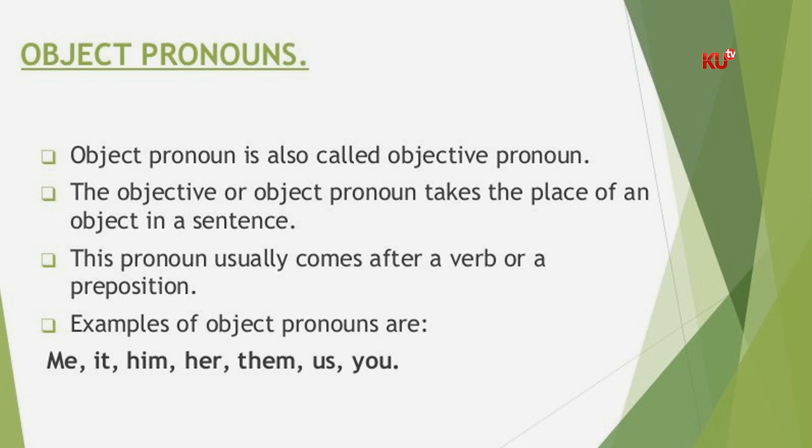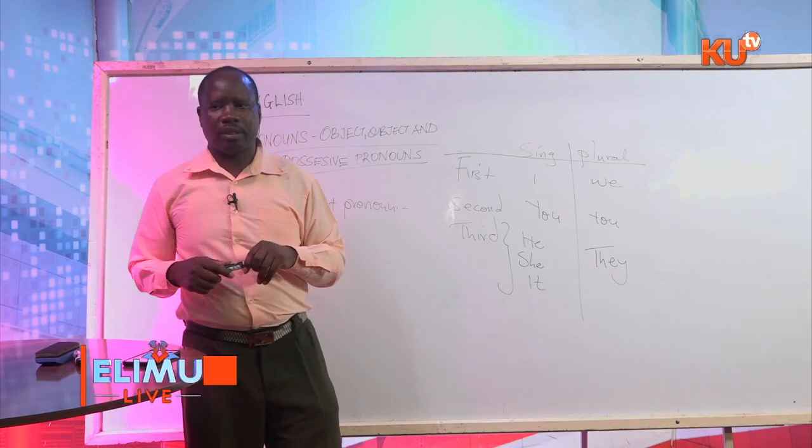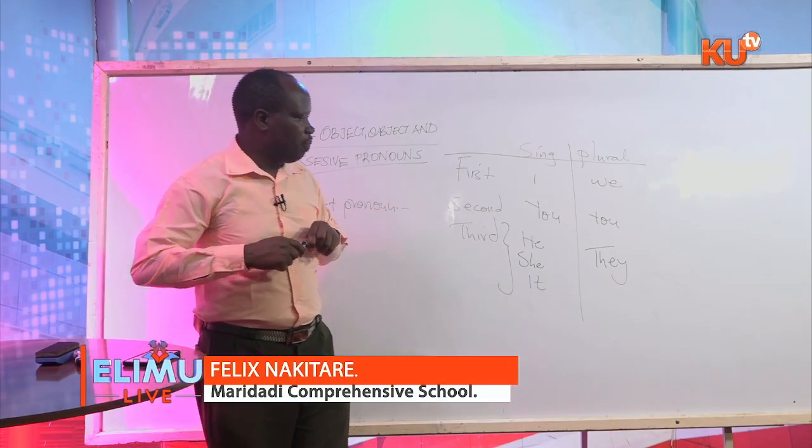Another important point to note under object pronoun is that object pronoun usually comes after a verb or a preposition in a sentence. Now let's look at some of these examples of object pronouns.